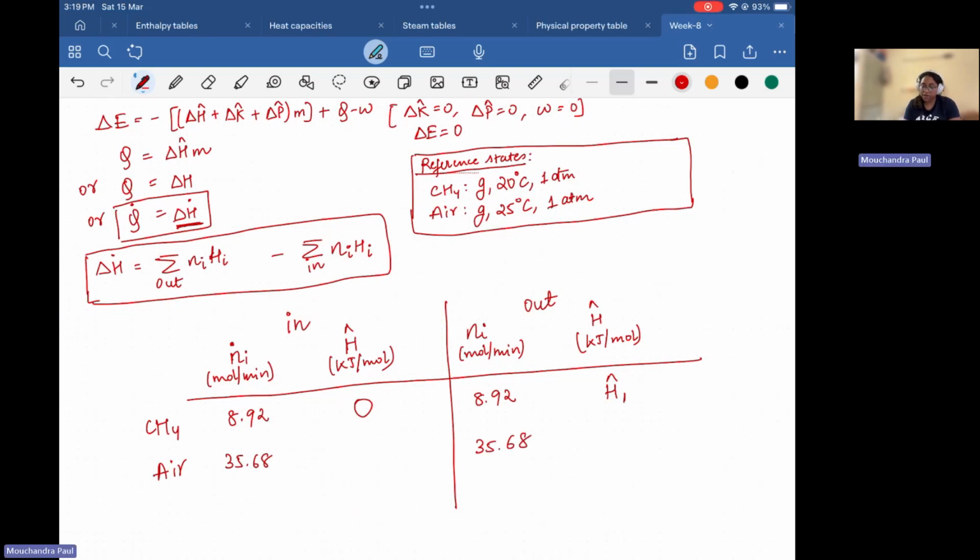For air in, the enthalpy we don't know yet, so let's consider it as the variable H2 hat. For air out, the enthalpy we don't know yet either. These two values we can get easily from your enthalpy tables.